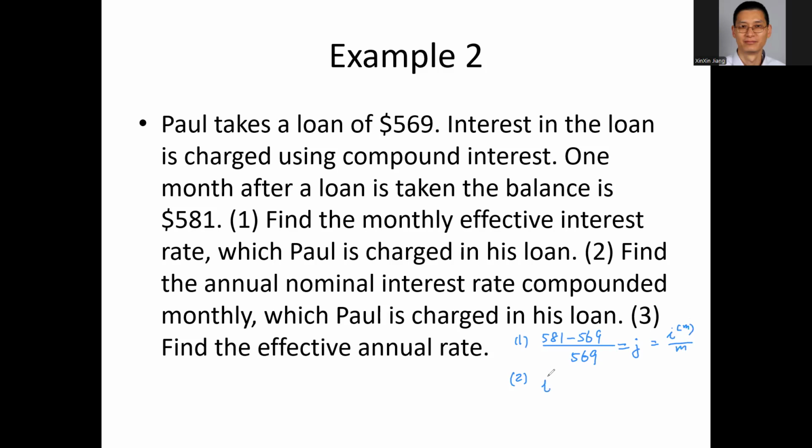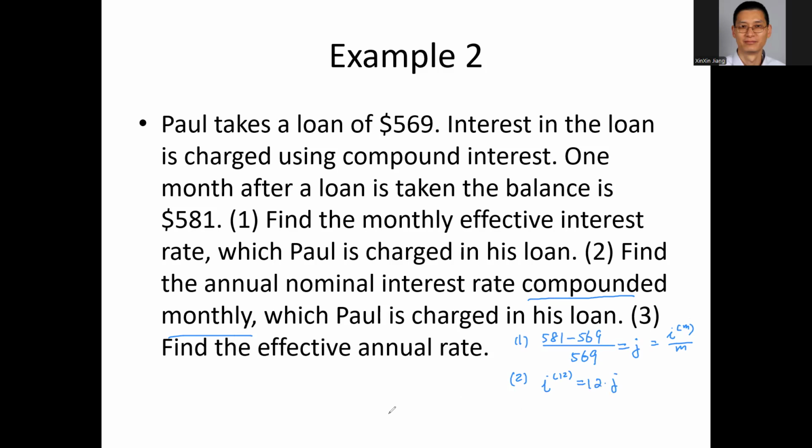So the interest is compounded monthly, it says so. So you have a 12 here. That should be equal to 12 times j. That's our nominal rate.